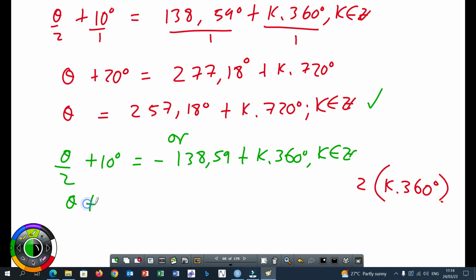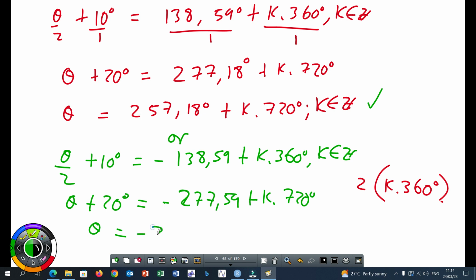We get theta plus 20 degrees equal to minus 277,59 plus k times 720. So this will give you theta equal to minus 297,59, right? Plus k times 720, where k is an integer.